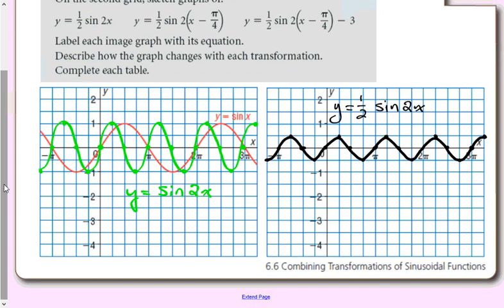So what I did was, I just went along and I started where my invariant point would be, and then said my next 0 was 4 grid lines to the right, so divided by 2 made it 2 grid lines, and then every 2 grid lines we had an x-intercept. And then similar idea, looking at the maximum, it used to be 2 grid lines to the right, and then half made it 1 grid line to the right, and then I just followed the pattern, minimum, maximum, and so on. Good? Question?